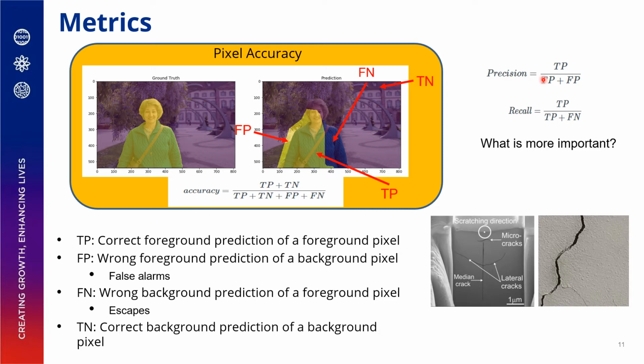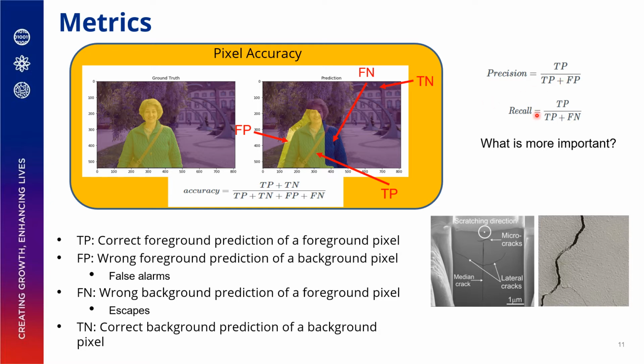You do not care how many of those foregrounds you identified. If you're only sure about this region over here as foreground, you only identify this as foreground, right? So this would be true positives. Everything else would either be true negatives or false negatives, but this equation over here does not have false negatives in it. So your precision would be 1, while your accuracy might be very low, right?